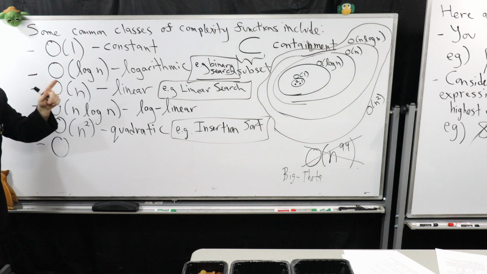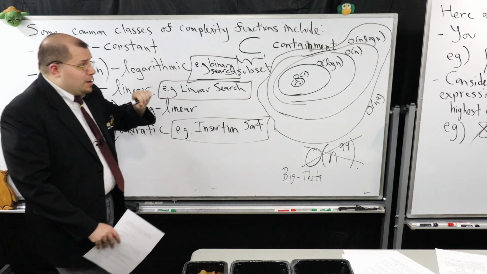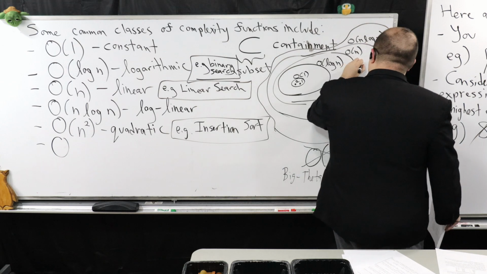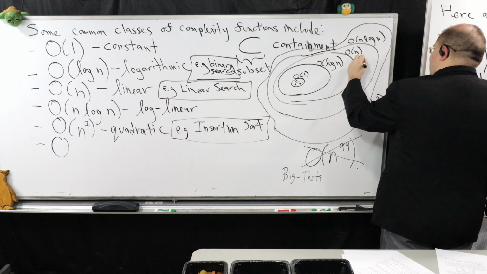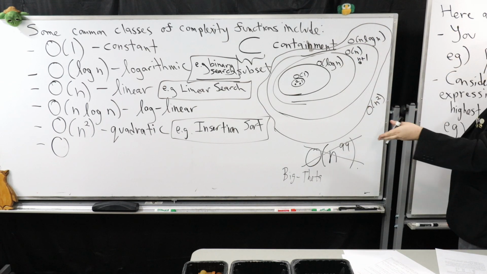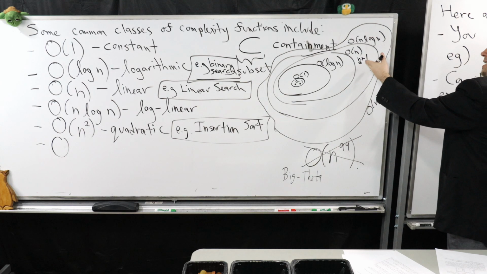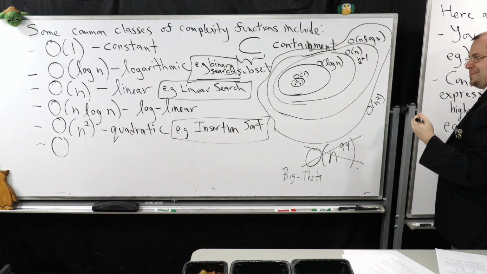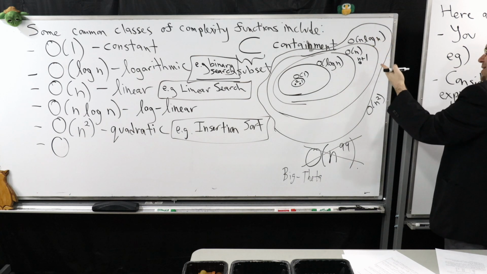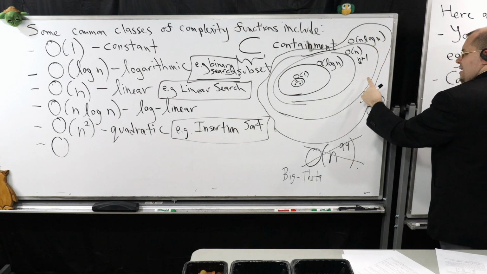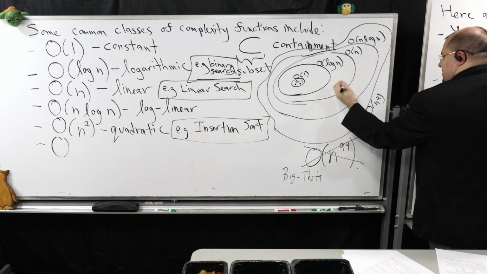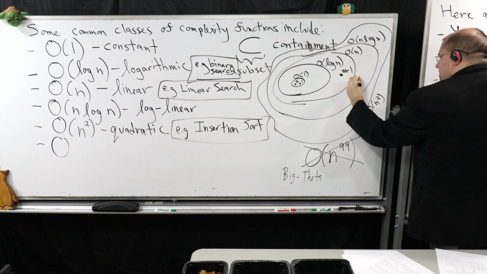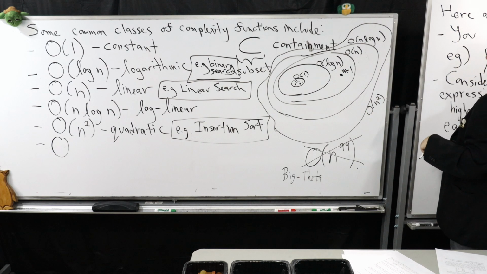Does everybody understand my point about the containment of the functions? For example, if I have another function, like n plus 1, it belongs to big O of n. But it also technically belongs to big O of n log n. Actually, sorry, this should be in here. N plus 1 is there.